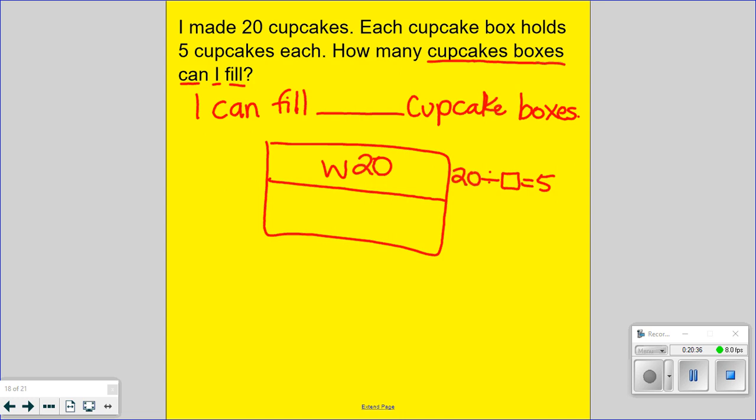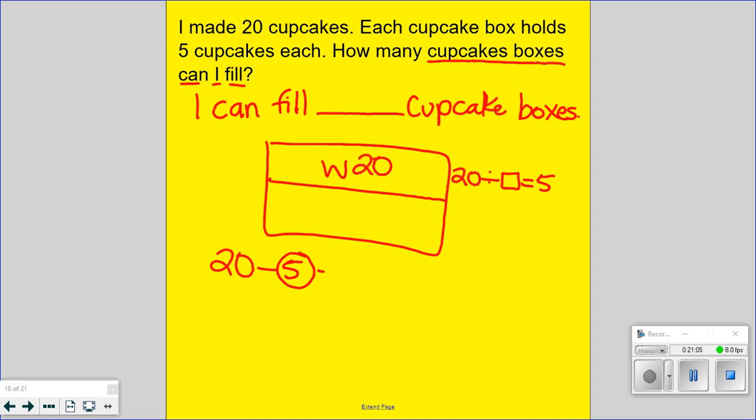Sure. So I'm starting with 20 cupcakes and I fill 1 box. How many cupcakes did I use? If I fill up 1 box, how many cupcakes went into that 1 box? Madison? 5. So I'm going to take away 5 because it's going in a box. So far, so good? This is 1 box right here.